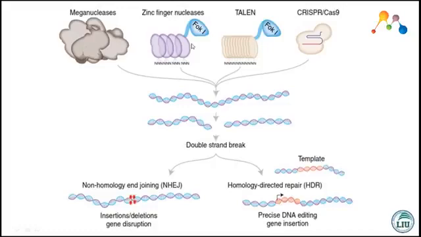Therefore, unlike these meganucleases, the multiple zinc finger modules could be assembled into a large complex to achieve higher DNA binding specificity.